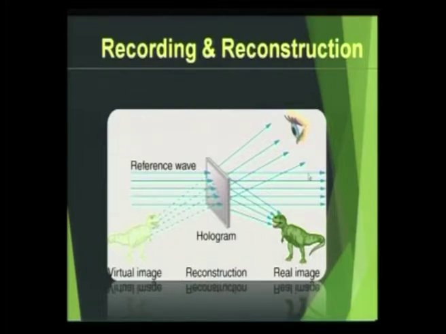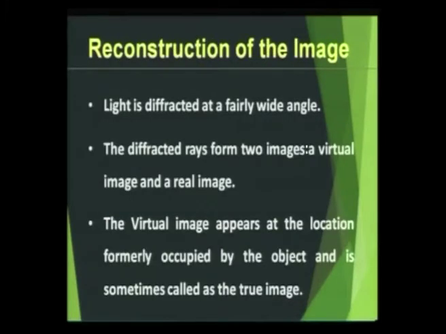You can see the virtual image by eye from the hologram. This is the real image, this is the virtual image. The virtual image cannot be touched and felt by a human hand. Light is diffracted at a fairly wide angle. The diffracted rays form two images, a virtual image and a real image.